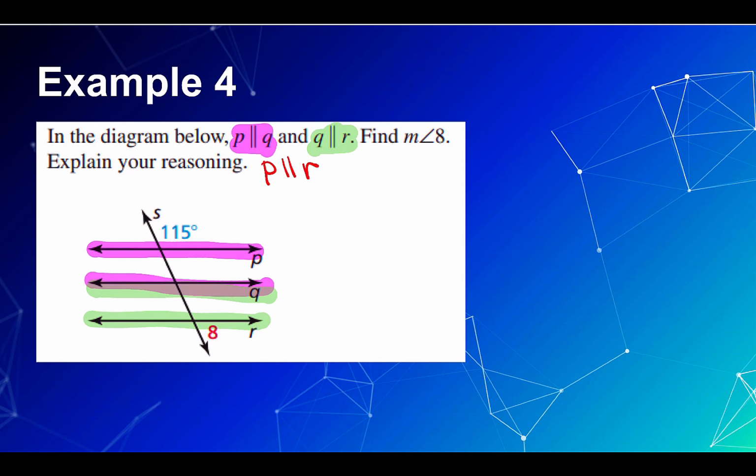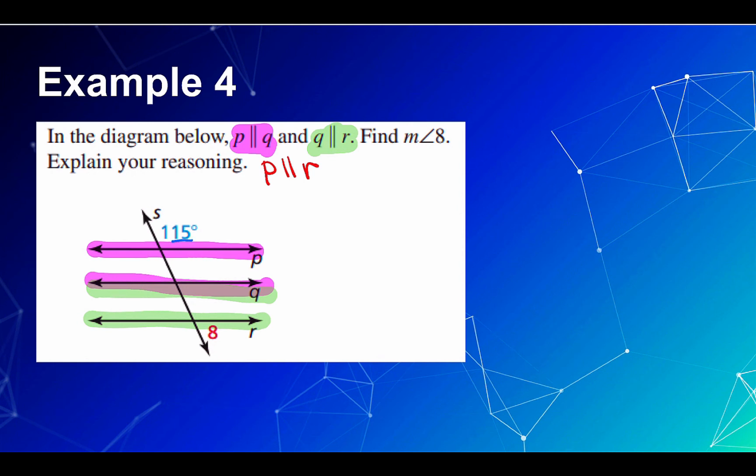So we need to find the measure of angle 8 and explain our reasoning. If they're all parallel to each other and they have a transversal S cutting through them, then let's start looking at some of the theorems we learned about parallel lines cut by transversals.